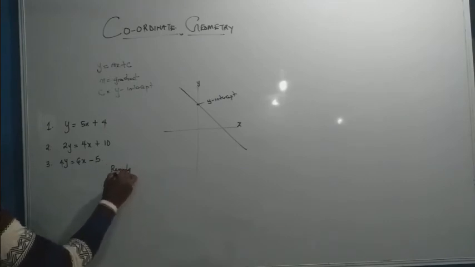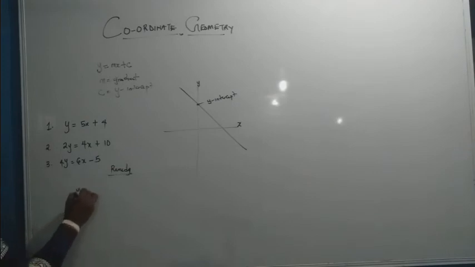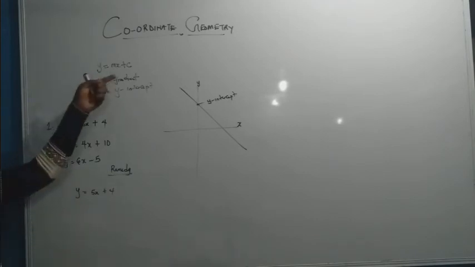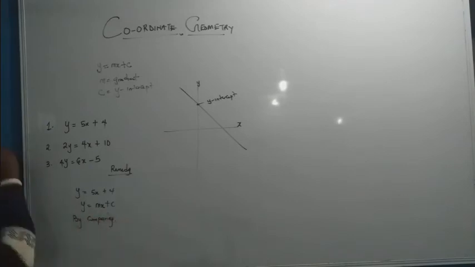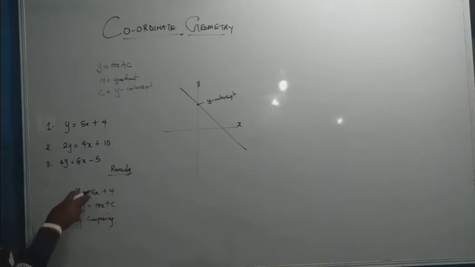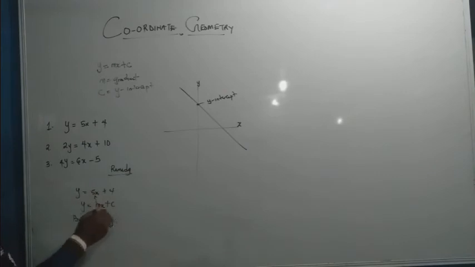Alright. So this is what you do. You write y is equals to 5x plus 4. Then you compare this equation with what you have above, which is y is equals to mx plus c. So by comparing, you take this y as your y above, then we take your x as your x, then the m as your 5, and the c as your 4.